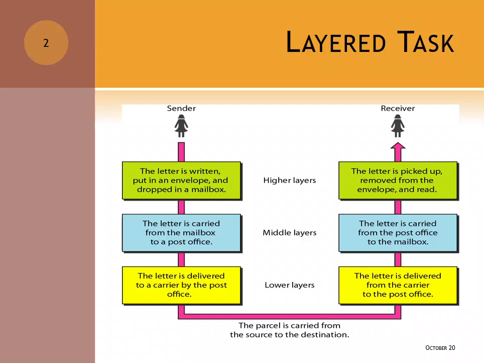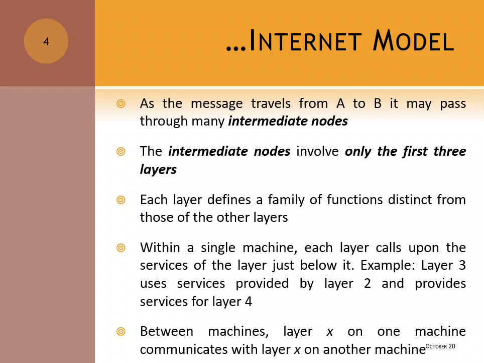Okay. So samalah juga dengan kita punya internet model. Layer X on one machine communicate with layer X on another machine. Kalau macam kita bagi analogi, post office, kalau kita hantar surat, kita di Kelantan, kawan di KL, contohnya post office di sebelah sender akan chop. Maksudnya menerima daripada sender pada hari tertentu.